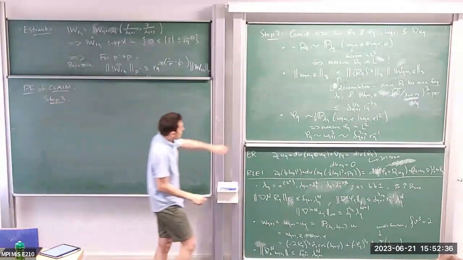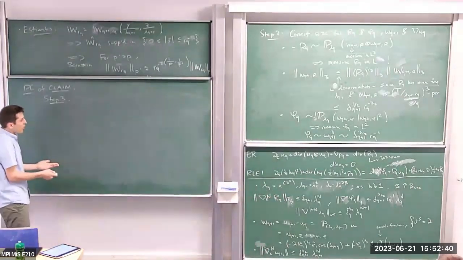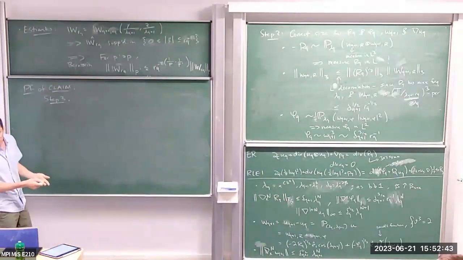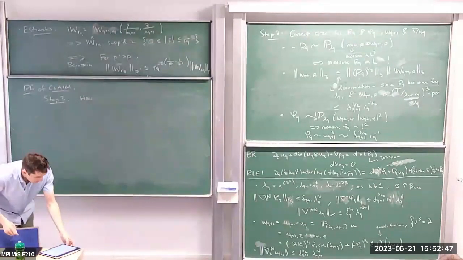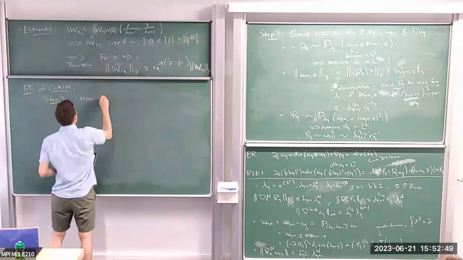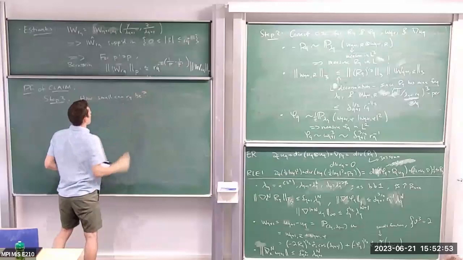All right, so step 3 and step 4 are how big or how small should RQ be. And let's do this one. How small can RQ be?